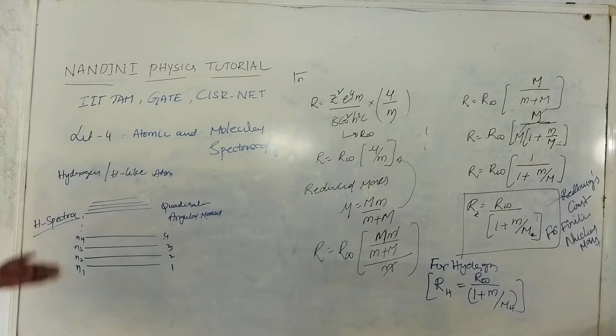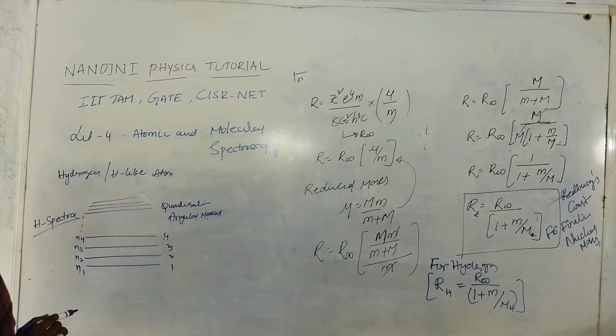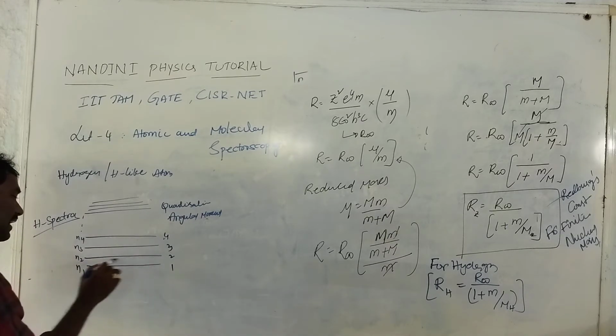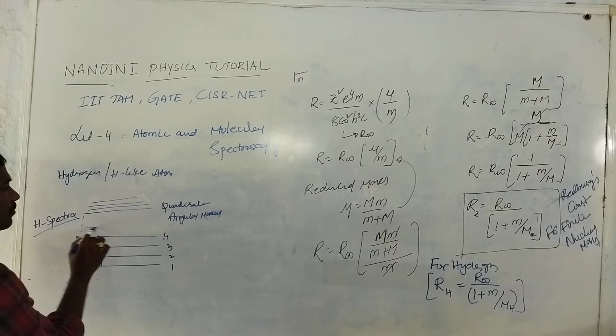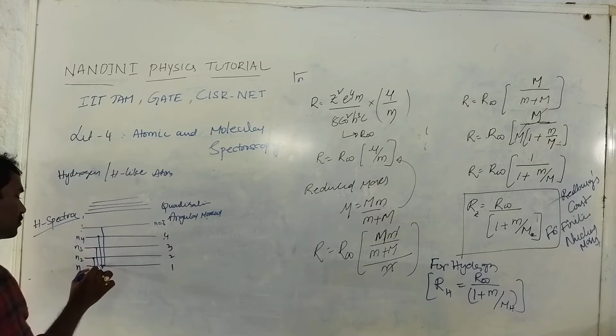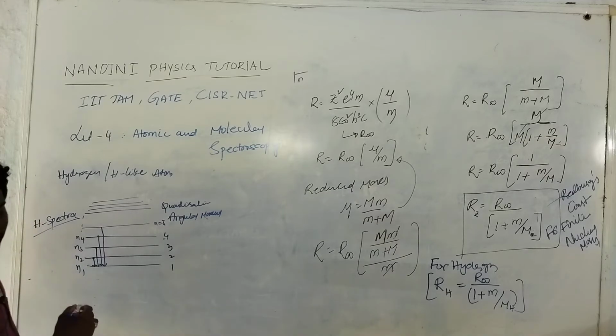In this hydrogen spectra, the transitions start from the second level to the first level, the third level to the first level, the fourth level to the first level, and for suppose n is equal to 5, then the fifth level to the first level.